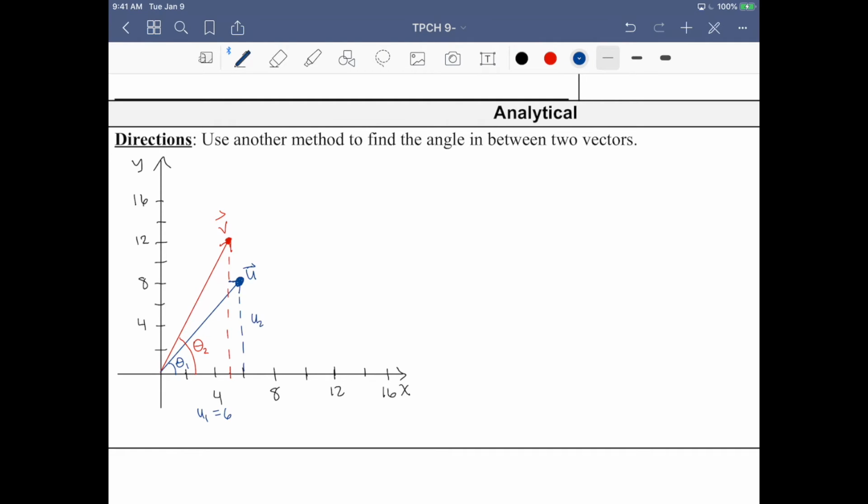And then U2 equals 8. So what I would do to find theta 1 is to use inverse tangent of U2 divided by U1. In this case, I would find inverse tangent of 8 divided by 6.